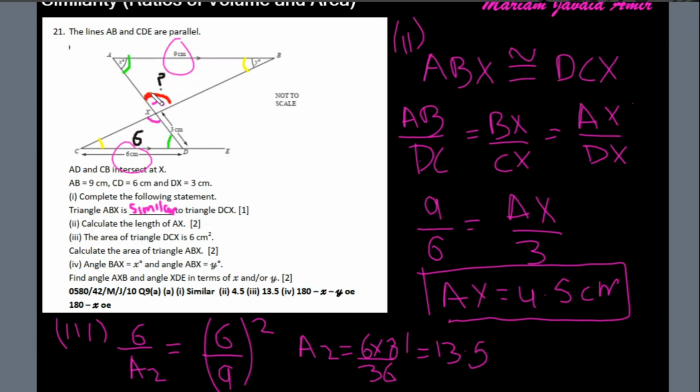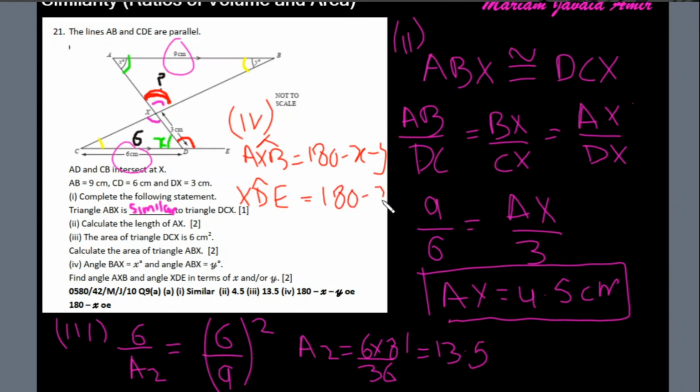We need to find this angle in terms of X and Y. So for part 4, angle AXB is simply 180 minus X minus Y. Okay, and next we have to find angle XDE. So this angle. We've already established that this is X, so that angle will be 180 minus X. So angle XDE equals 180 minus X simply.